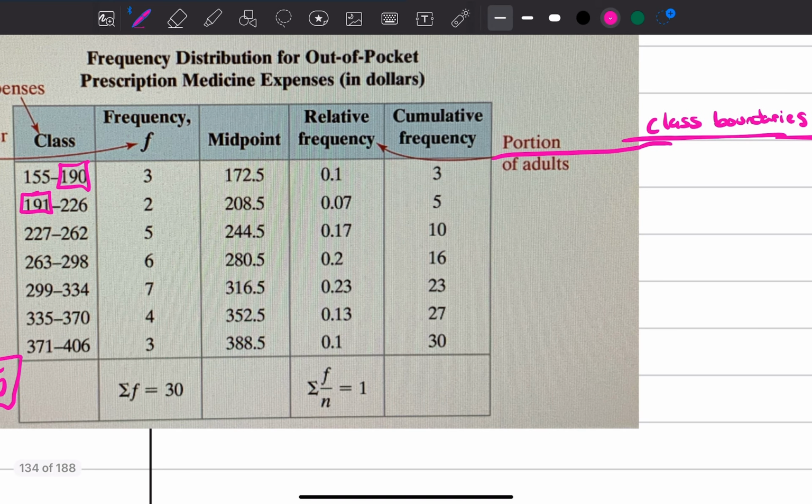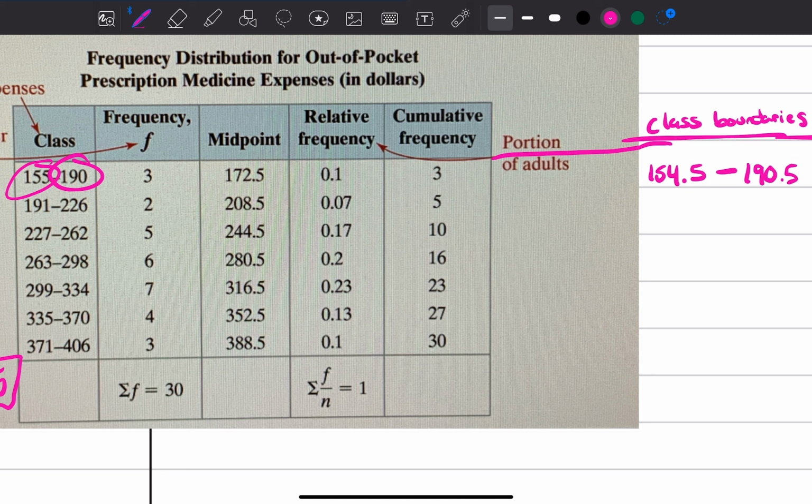You're going to get both the upper and the lower and extend them by 0.5. So for example, the 155, we are going to subtract 0.5 from. So we're going to get 154.5.